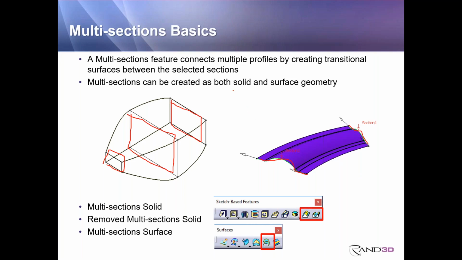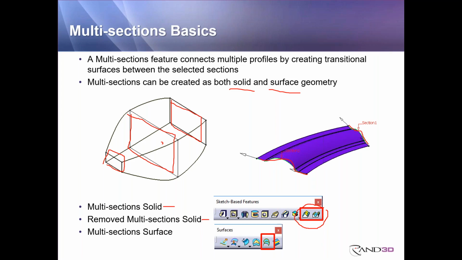Now with the multi-section, you can create this both as a solid and as a surface. The example on the left is a solid example. The example over here on the right is a surface. So if you were in your part design workbench or your part mode app, you would find two multi-section choices. You'd get a multi-section solid, which would add material, and you would get a remove multi-section solid, which would let you subtract.